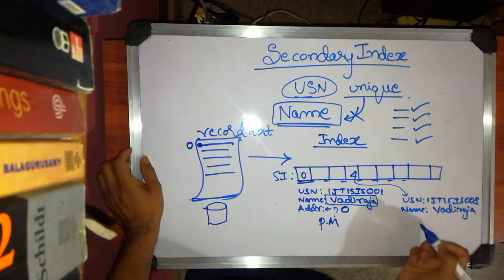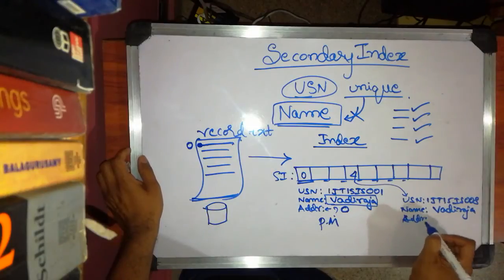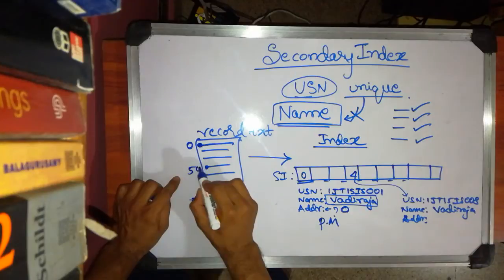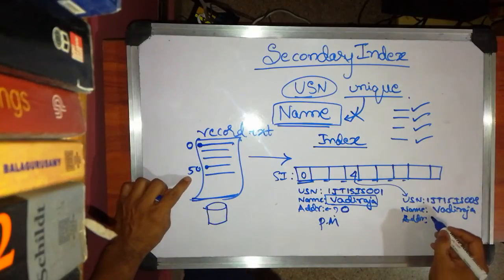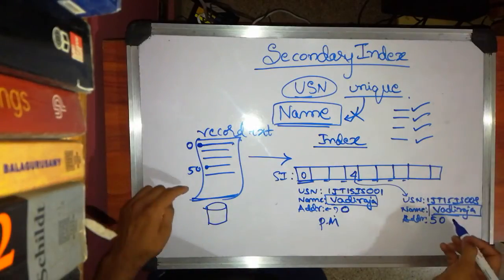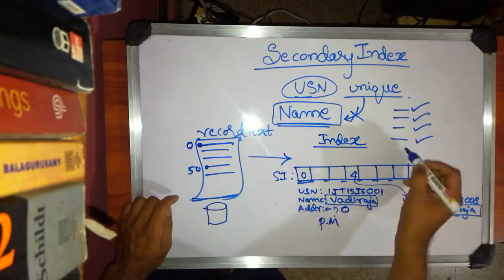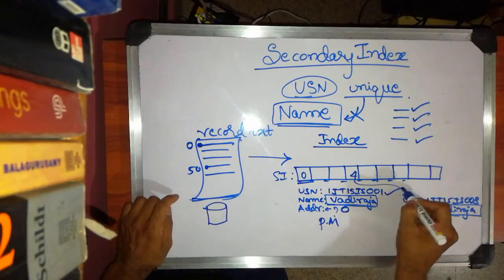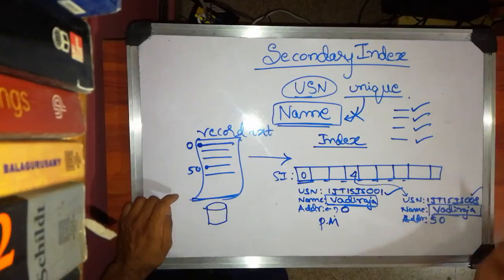The address of that guy in the file would be somewhere here, possibly 50, right? So in our case, in the index, we have address as 50. So next time when we search somebody with the name Vadiraja, we're going to have two outputs, right? One with the USN 001, the other one with the USN 008.